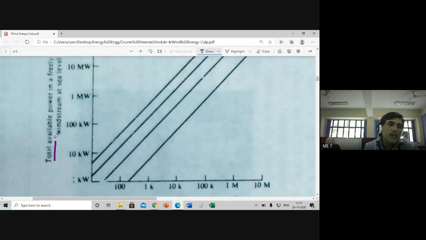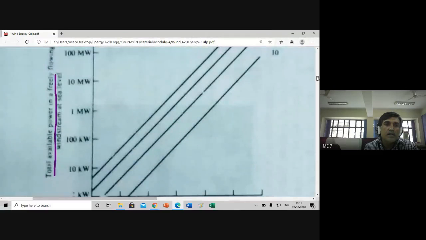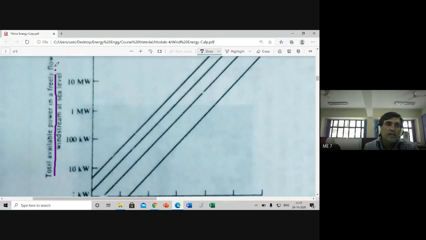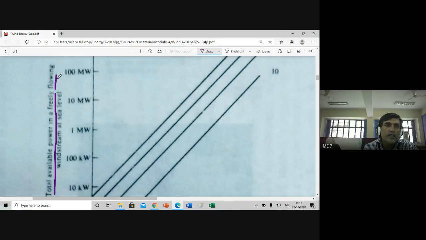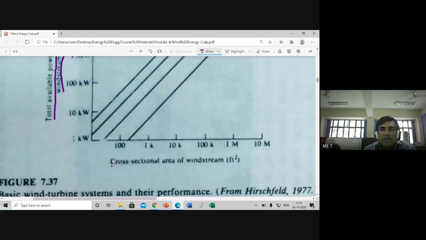Total available power in freely flowing wind stream at sea level. Here, cross-sectional area of wind stream, square feet.